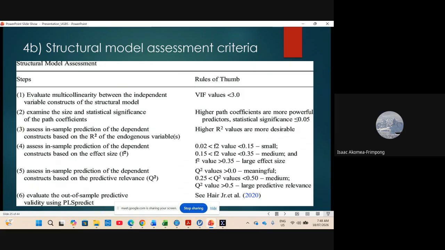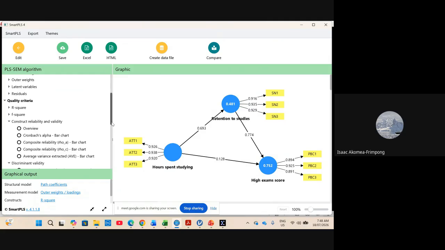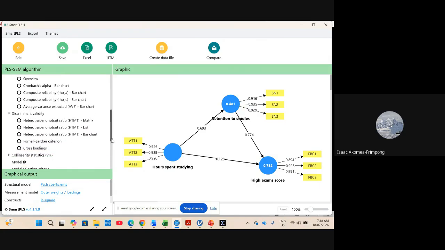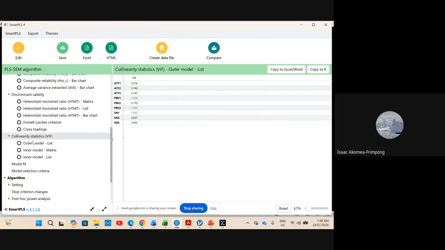We expect that they shouldn't be more than 3. Extreme is 3.3. So where do you see this? When you come to SmartPLS and check the results, just scroll down and you see the collinearity statistics. Just click on that, and then it will show you.